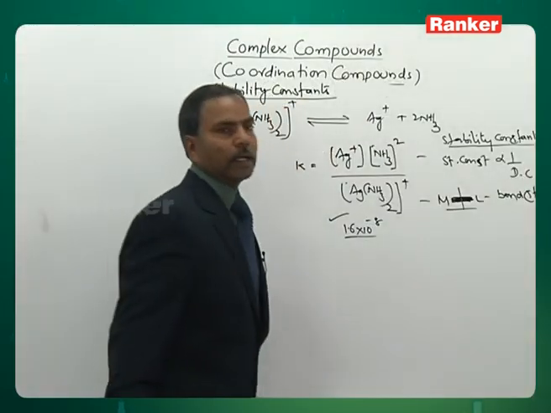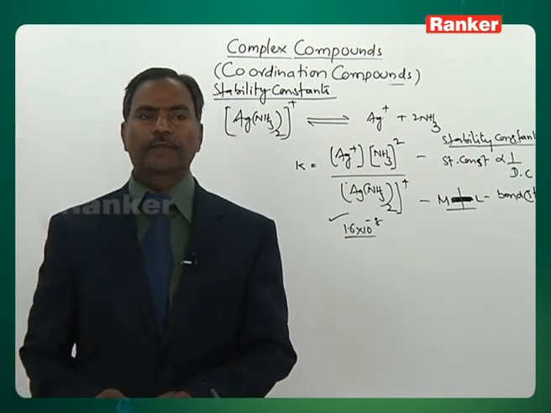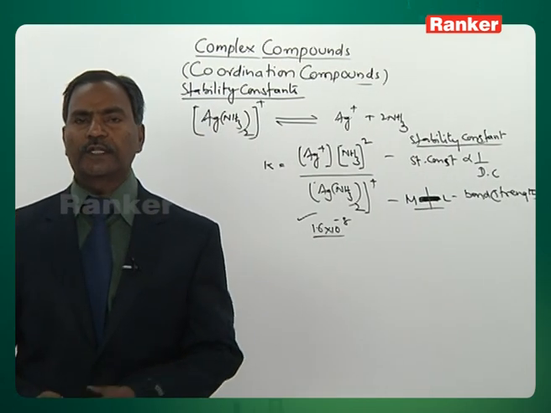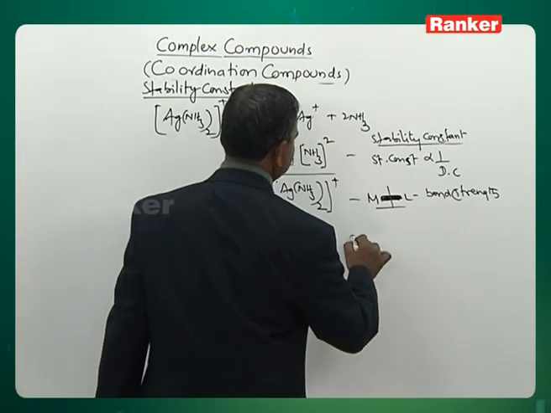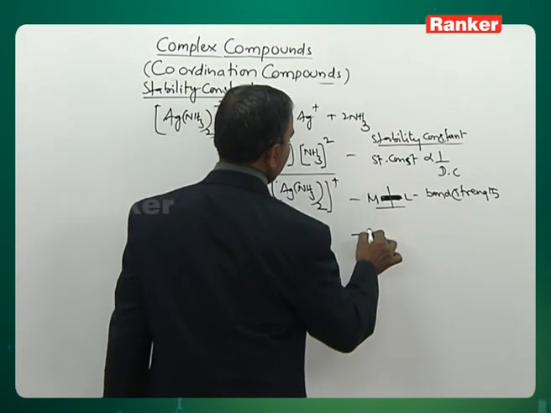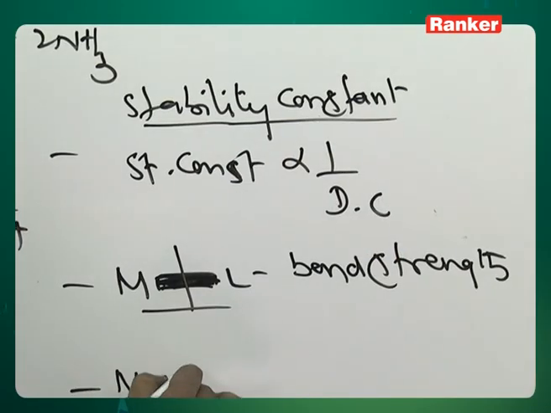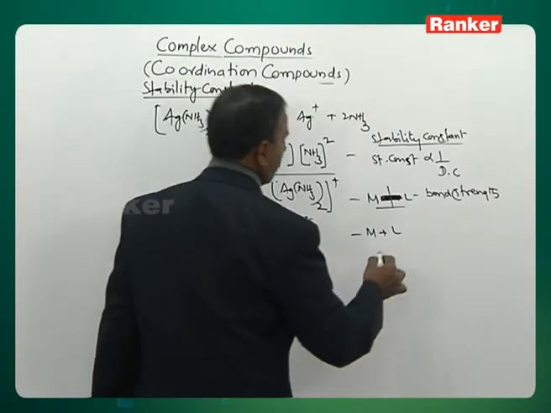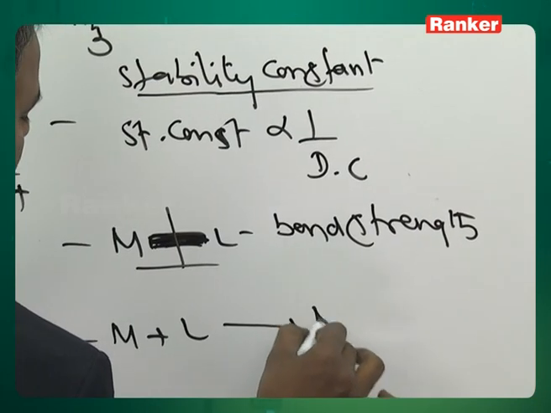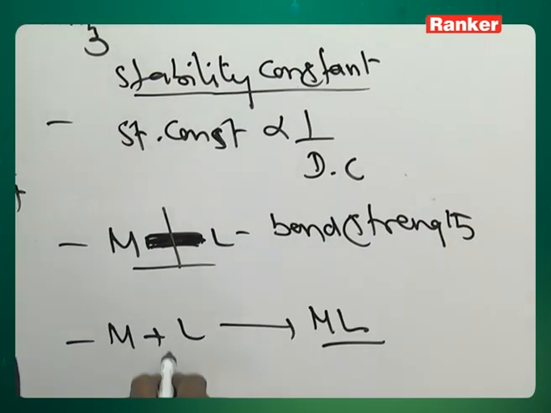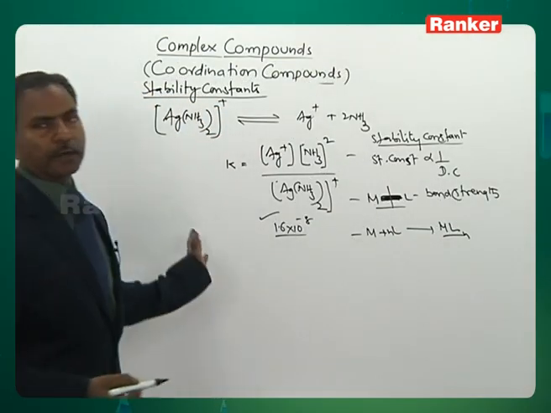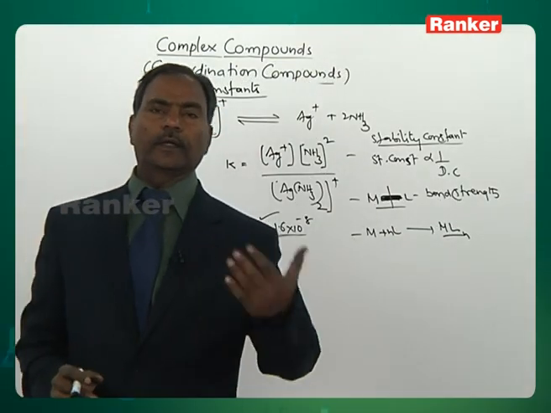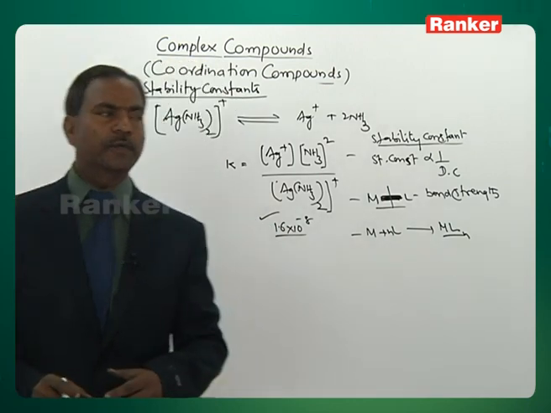Greater the metal to ligand bond strength, greater will be the stability. Next, it is also a measure of metal-ligand bond formation, the rate of formation of the complex. If the rate of formation of the complex is more, that complex is also found to be stable.